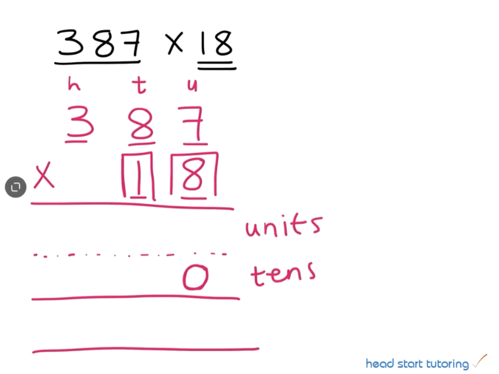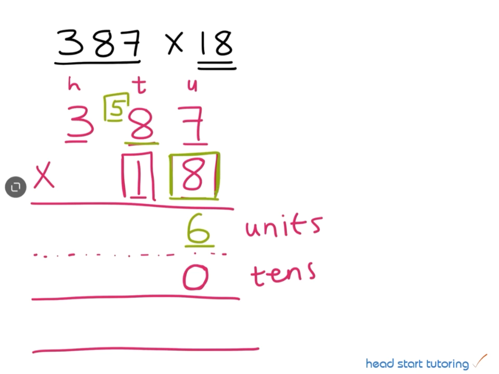So if we say in exactly the same way as we do when we're just multiplying by a unit, we say 8, firstly working with our units. 8 times by 7 is 56, so we put our 6 down there and we carry our 5 over. So there's your 56. Then we're still working with our units, so we say 8 times by 8 is equal to 64.